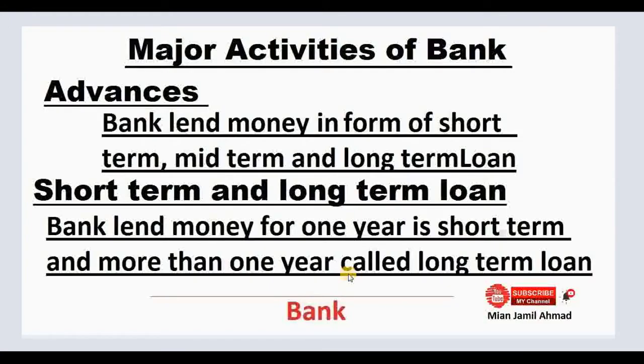The other major activity of banks is advances. Here the bank lends money in the form of short-term, mid-term and long-term loans. The bank takes deposits from the surplus unit and lends the money to the deficit unit.